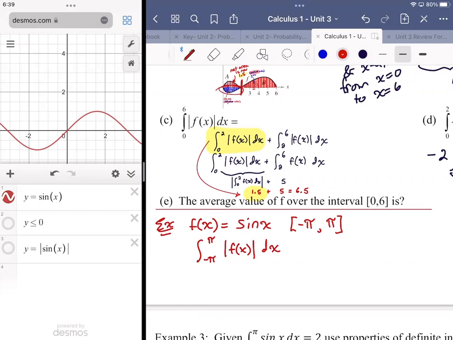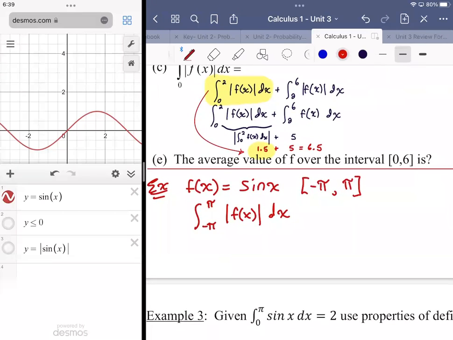If I want to use the approach I was just talking about, the first thing I'd have to know is where over this interval there's going to be a change in sign. From graphical investigation, the sine function is negative from negative pi to 0, but positive from 0 to pi.